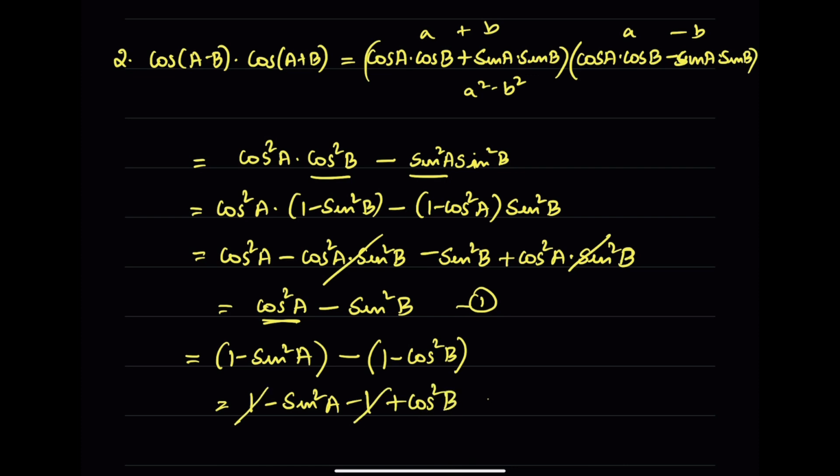So the 1 gets cancelled, and we would have cos² b − sin² a. So this is how we can prove cos(a−b) times cos(a+b) has two variations: cos² a − sin² b, or the one which we proved now.